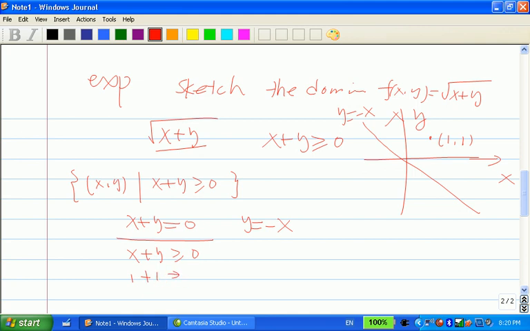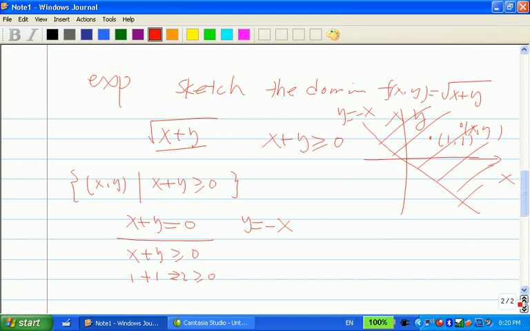Obviously, this is equal to 2, which is bigger than or equal to 0. So this tells you it is this side. Okay, this shaded region will be your domain. In other words, you pick any point in this shaded region and that will make your function well defined.